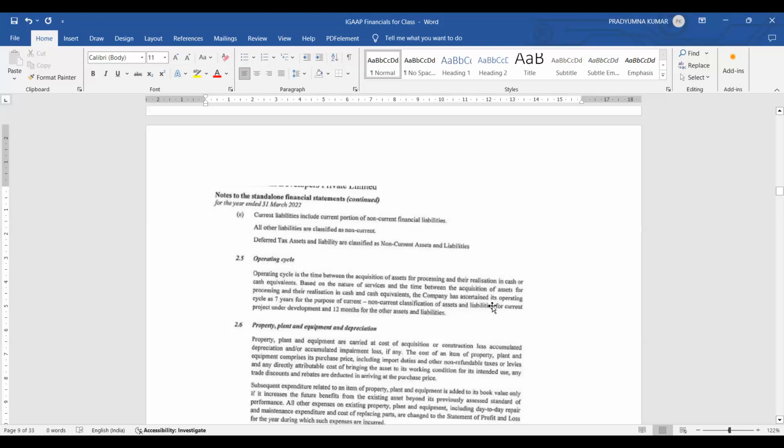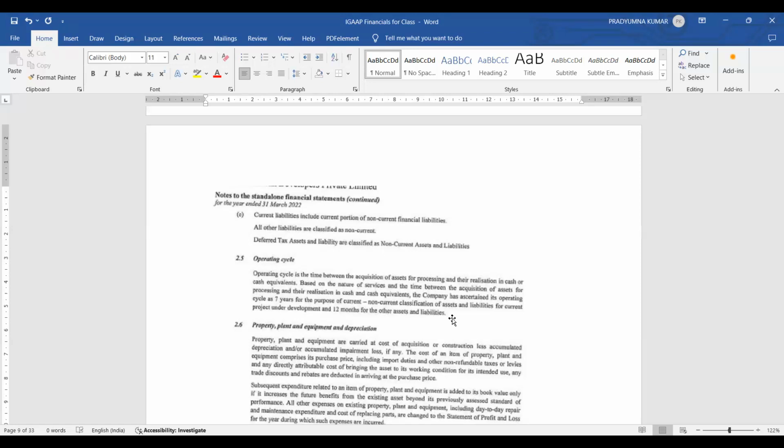The company has ascertained its operating cycle as 7 years. They are saying their operating cycle is 7 years for the purpose of current, non-current classification of assets and liabilities for current projects under development, and 12 months for the other assets and liabilities. That means, suppose they have sold, it is a real estate company, okay?